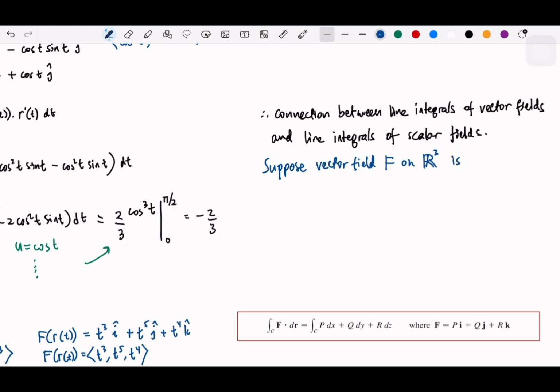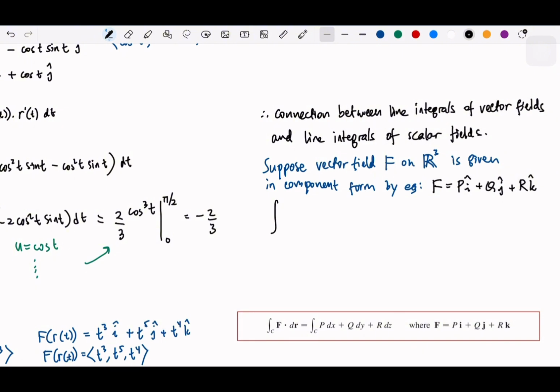The vector field is given in component form by the equation F equals Pi plus Qj plus Rk.